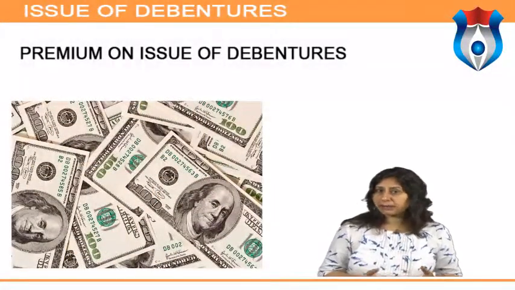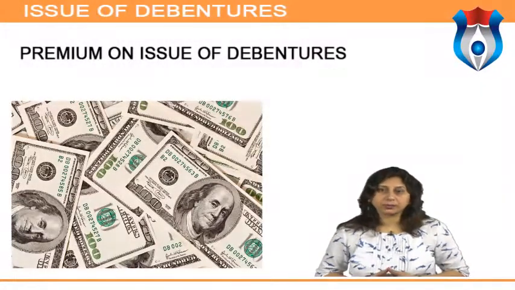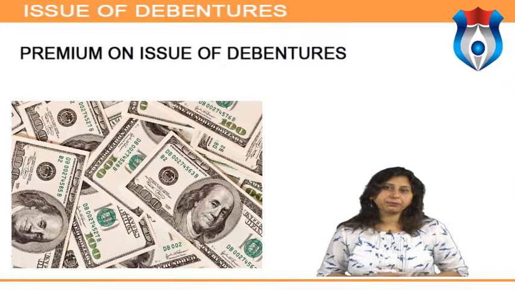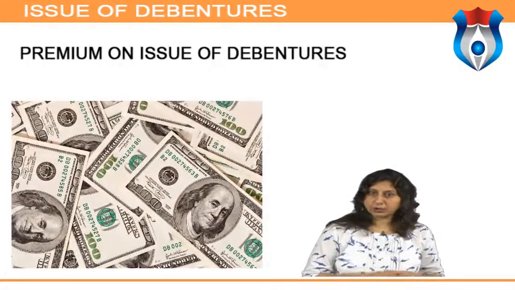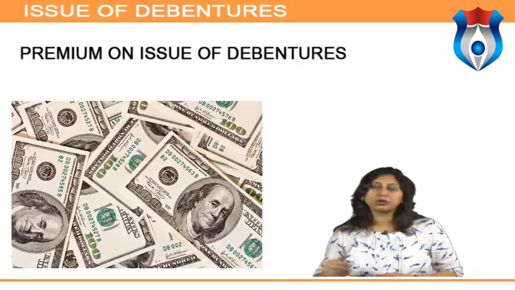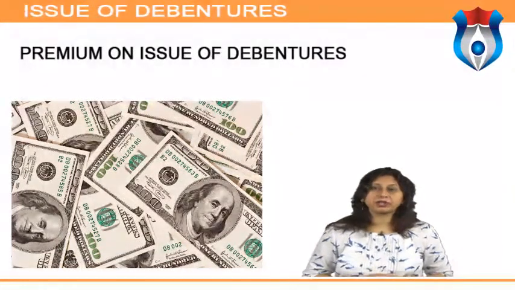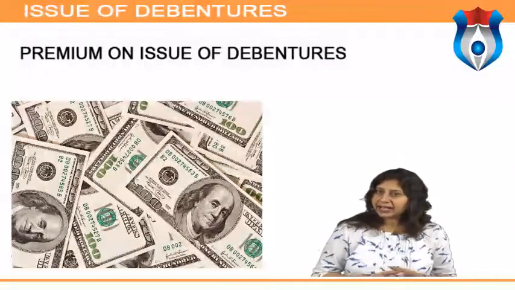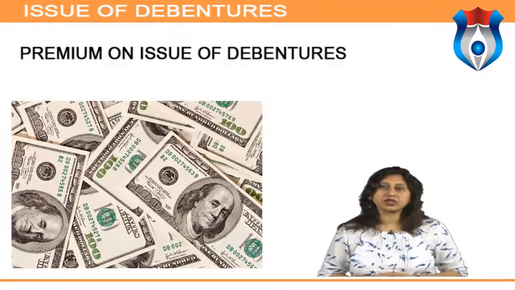A company may issue debentures with the stipulation that the repayment of the debentures on maturity will be made at premium. The amount of the premium payable is debited to loss on issue of debentures account at the time of issue of debentures. This amount will also be written off in the same manner as is done in case of writing off discount on issue of debentures.